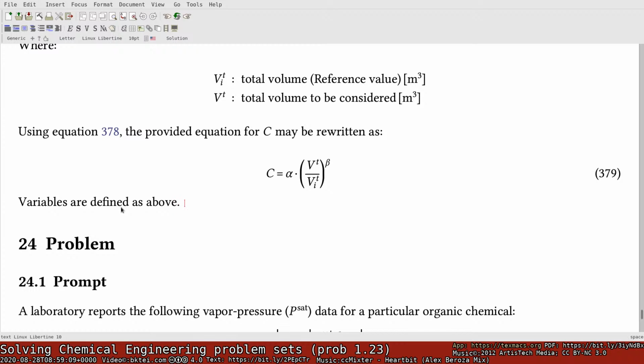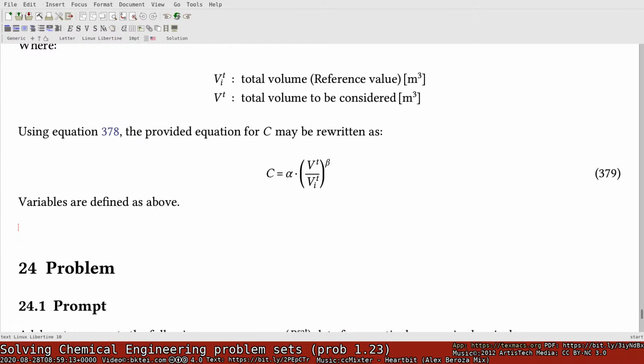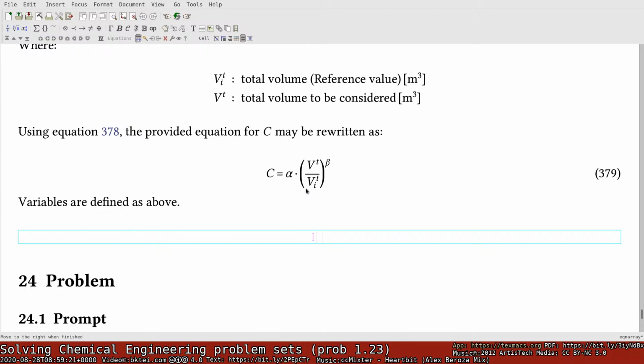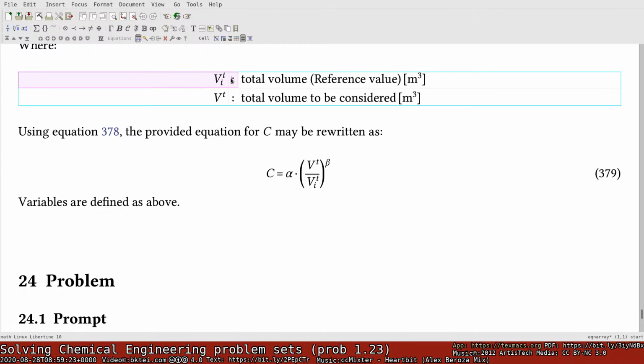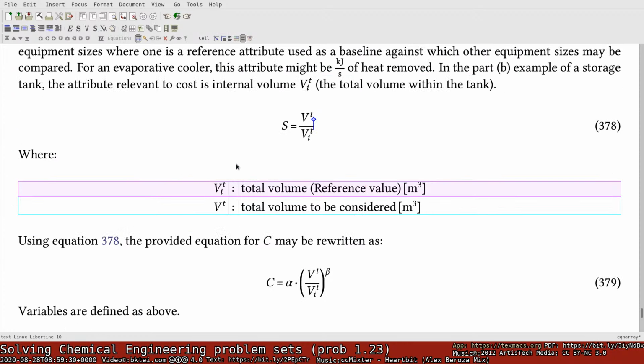Let's attempt to solve for C divided by V sub I of T, like, get that reference volume out. The idea being this reference volume is like the smallest or some typical equipment size. So in this example, a typical standard storage tank whose cost is known, against which all other storage tanks are compared.